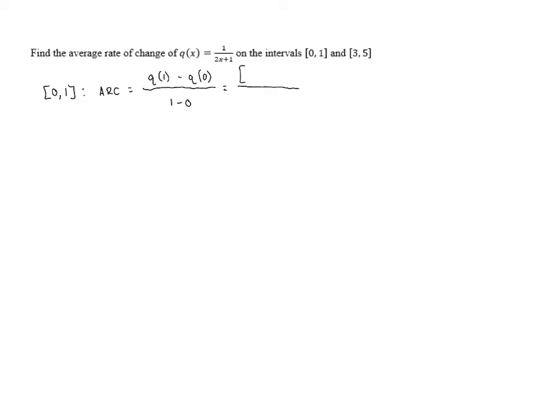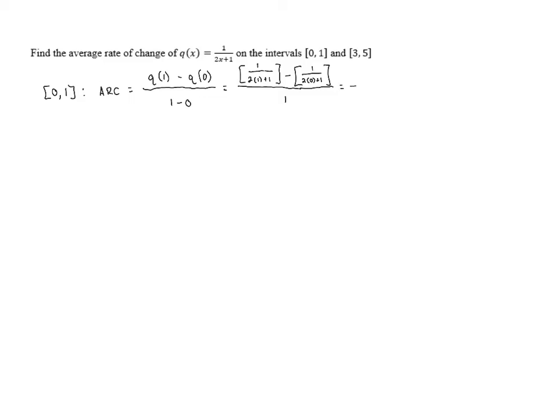Now, q of 1 is going to be 1 over 2 times 1 plus 1. And q of 0 is going to be 1 over 2 times 0 plus 1, all over 1.